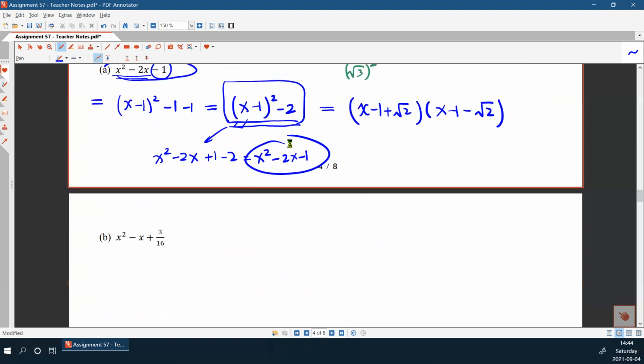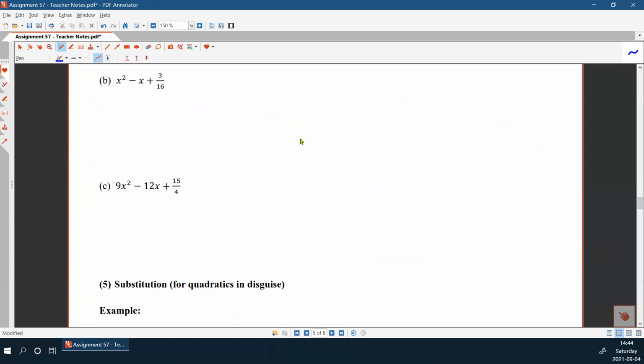Oh, all right, let's see the next one. Okay, so x squared minus x. We can try using x minus 1/2 squared first, right? So in this way, you will get x squared minus x plus 1/4, right? There is an extra 1/4, so we need to subtract 1/4 here. And then note here we have another term, which is 3/16.